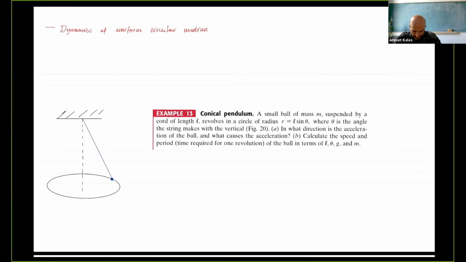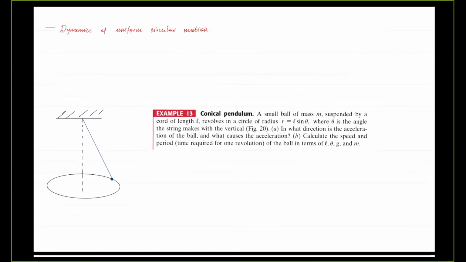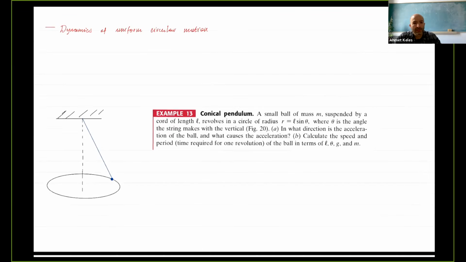So since in circular motion there is acceleration, and we know from Newton's second law, if there is acceleration, there must be force, right?